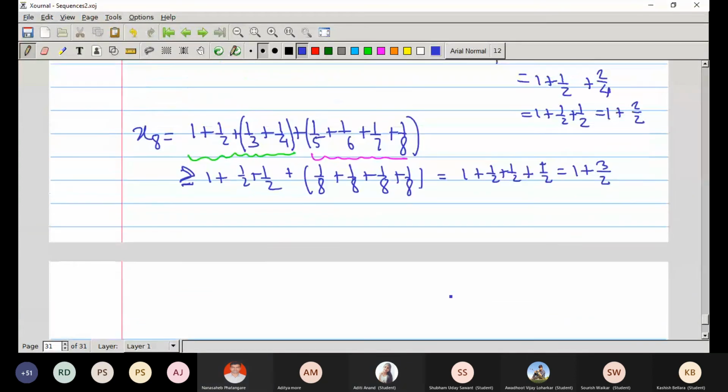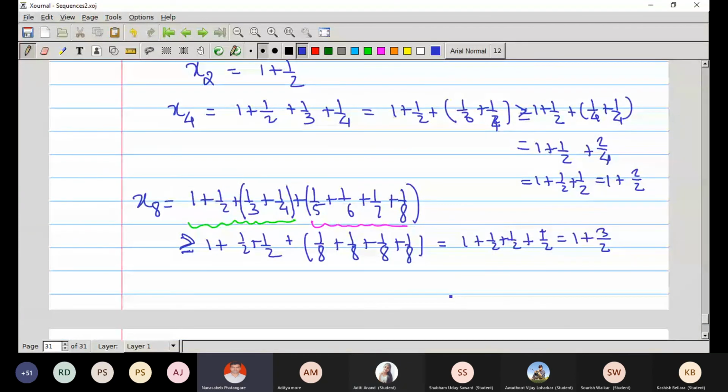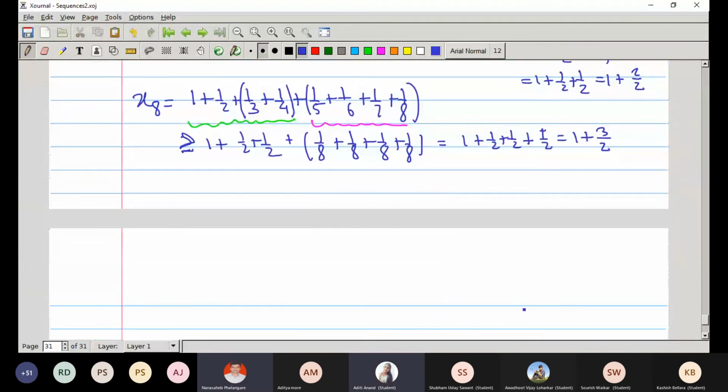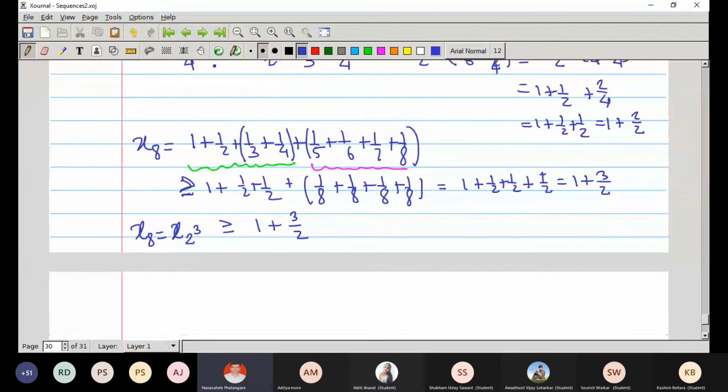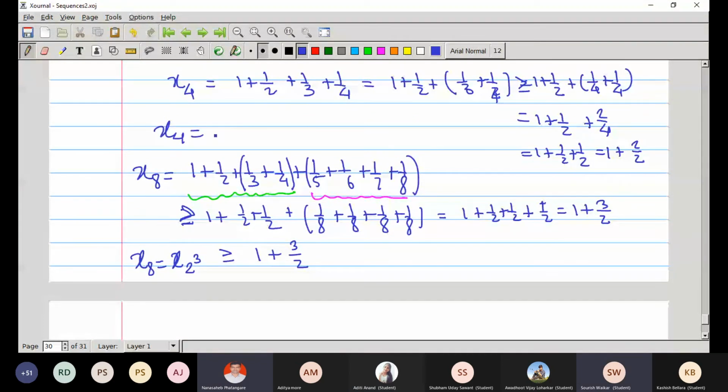Yes, sir. So can you identify some pattern? Yes, sir. x8, that is x2 raised to 3, is greater than 1 plus 3 upon 2. Do you understand? Yes, sir. What is x8? x8 is x2 raised to 3, since 8 is 2 raised to 3, right? Yes, sir.